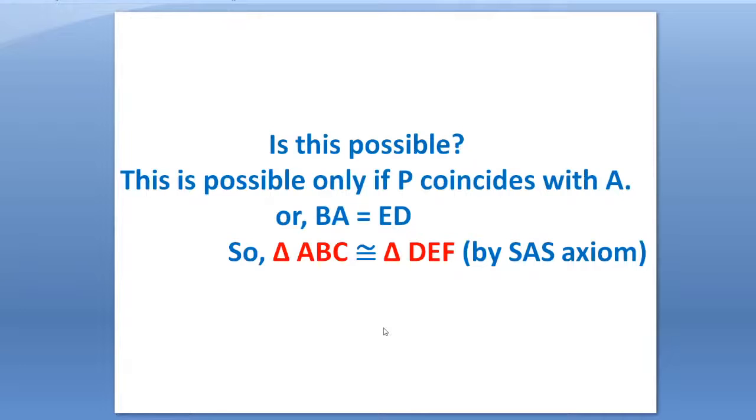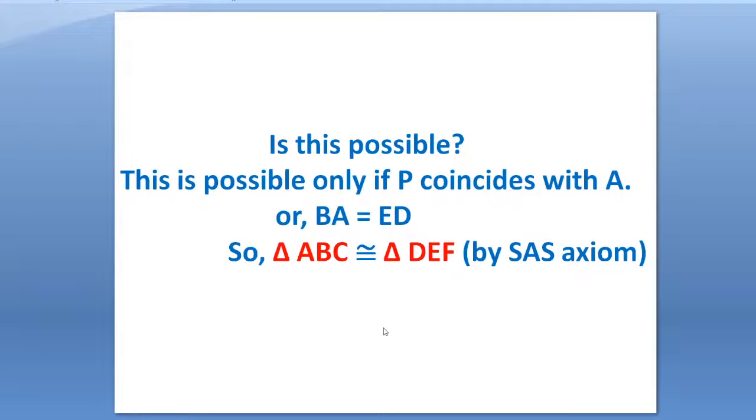This is possible only if P coincides with A. That's why BA is equal to ED, and therefore triangle ABC is congruent to triangle DEF.